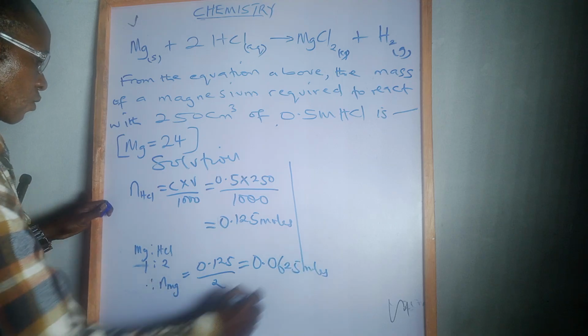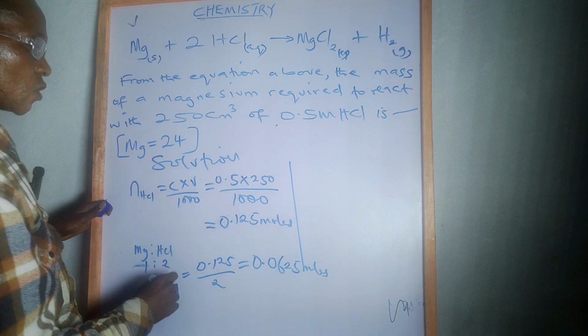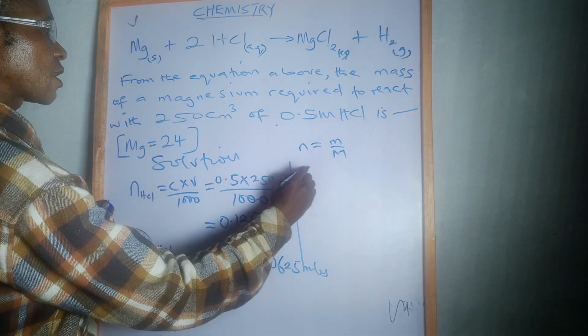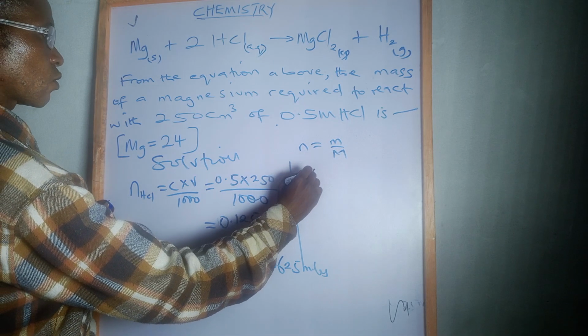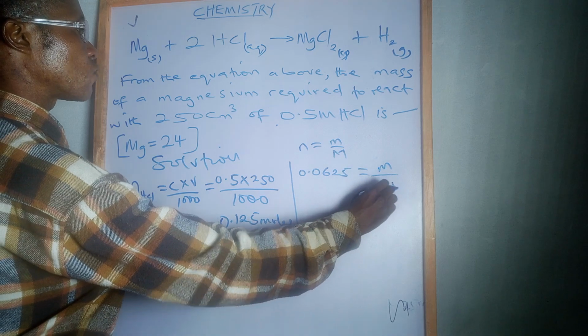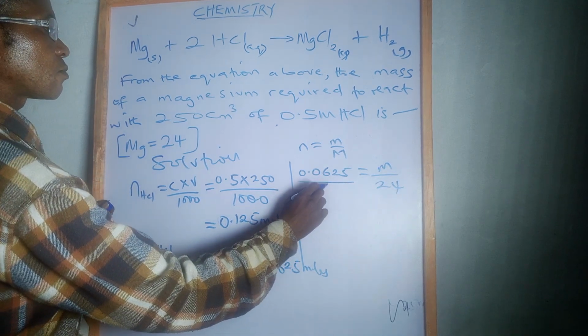0.0625 moles. So now to know the mass, remember n is equal to mass over molar mass. Our number of moles 0.0625 is equal to the mass that we don't know over 24, that is the relative molecular mass.